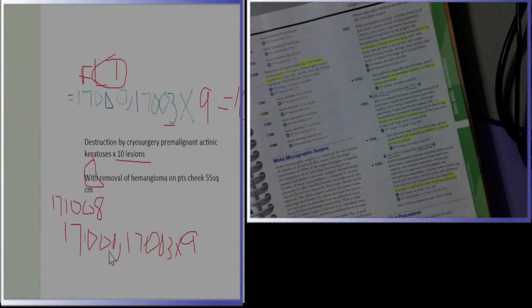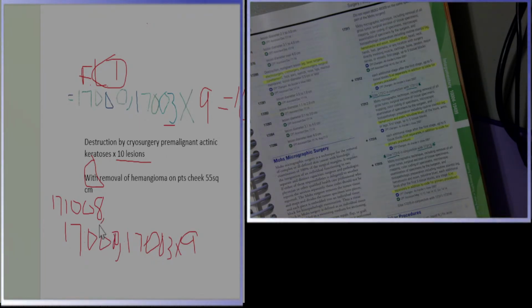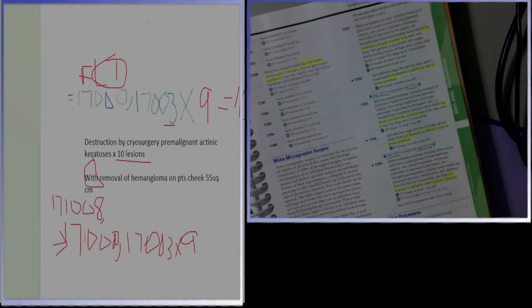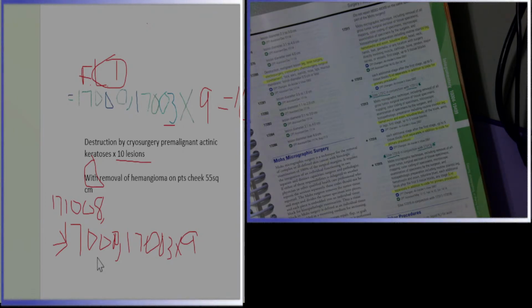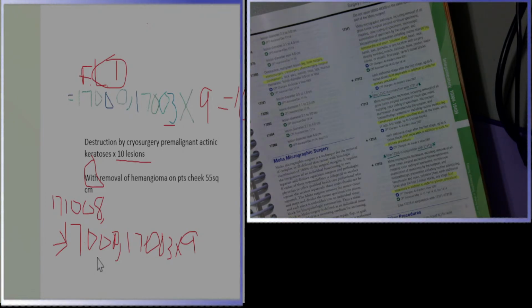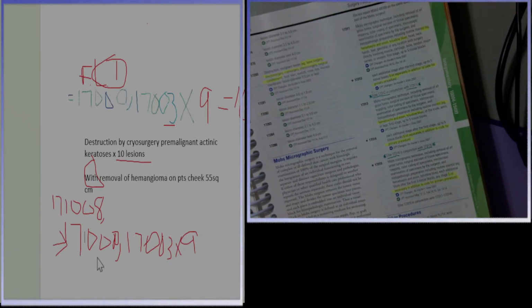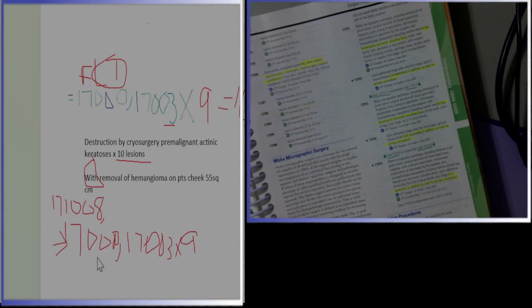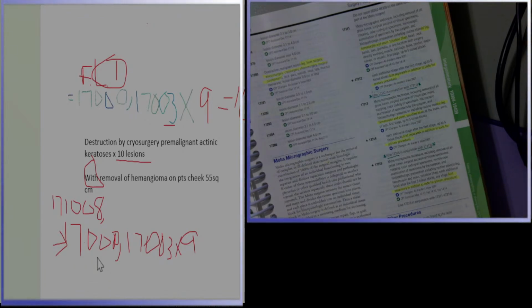That's why I made that look like an 8 instead of an O. But it would be that, and then we'd do those cryotherapies afterwards, because removing 55 square centimeters of anything is going to be a nightmare of a procedure. So you want to put the worst procedure first. So we would code the 08 first, then the 00, then the 03, and the 03 would be times 9.